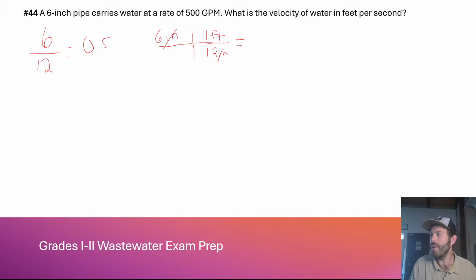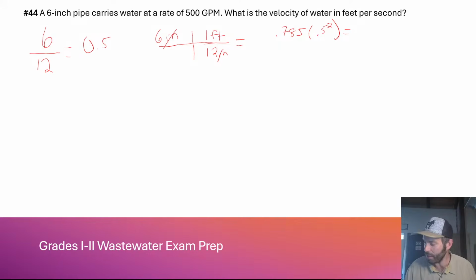And so what we do now is we're going to go 0.785 times diameter squared, which gives me square feet. So that's 0.5 squared. Let me grab my trusty dusty calculator. I've actually already worked all this out.